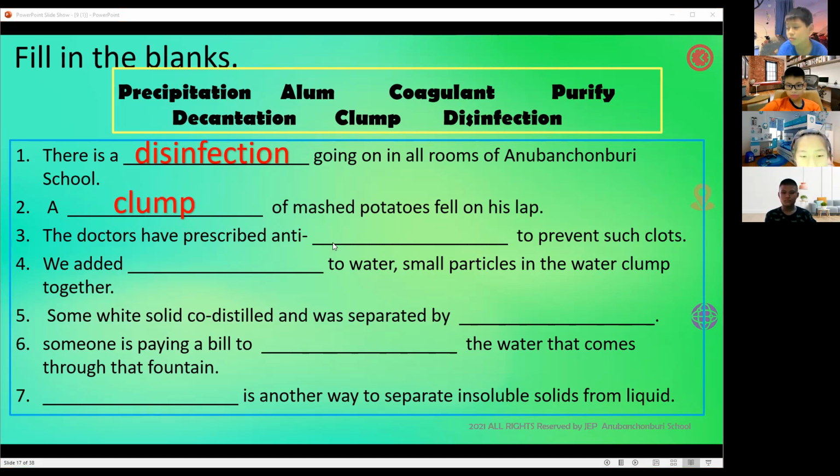All right. Now let's go to number 3. The doctors have prescribed anti-blank to prevent such clots. Okay, the blank, anti-blank. Anti what? If our blood will coagulate, oh, I said the answer already.